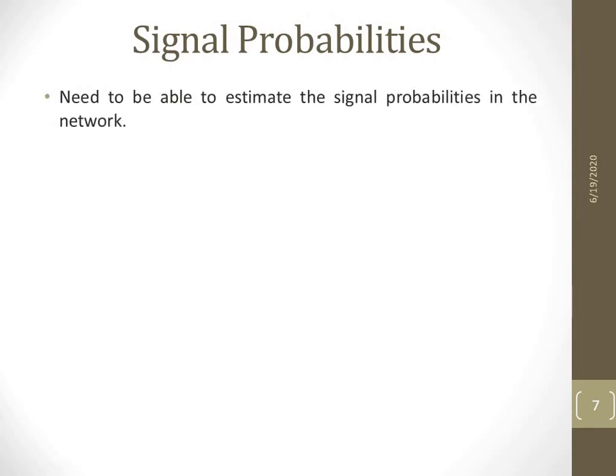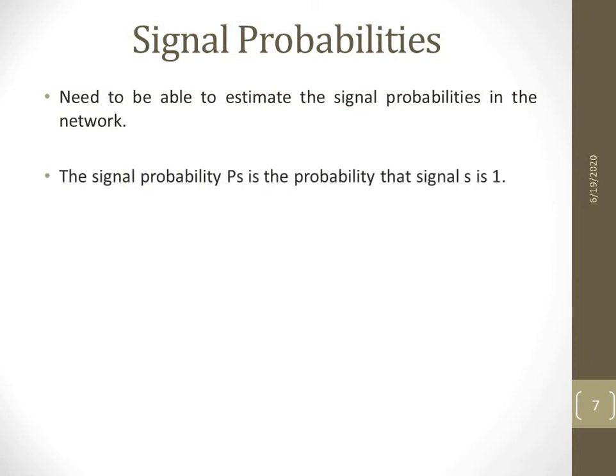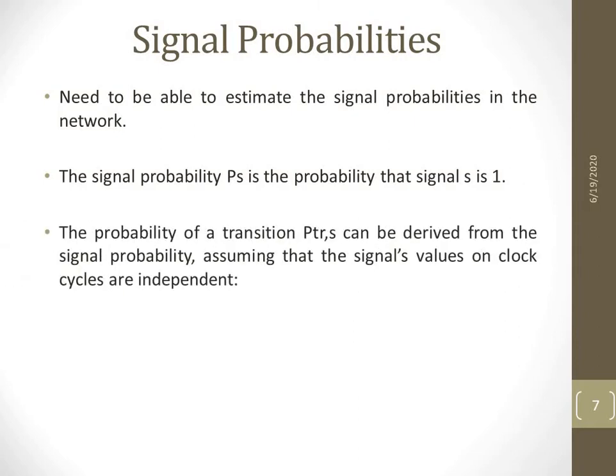What are signal probabilities? We need to be able to estimate the signal probabilities in the network. The signal probability PS is the probability that signal S is 1. The probability of a transition, that is rise time or fall time, PTR, for S can be derived from the signal probability, assuming that the signal's values on clock cycles are independent.